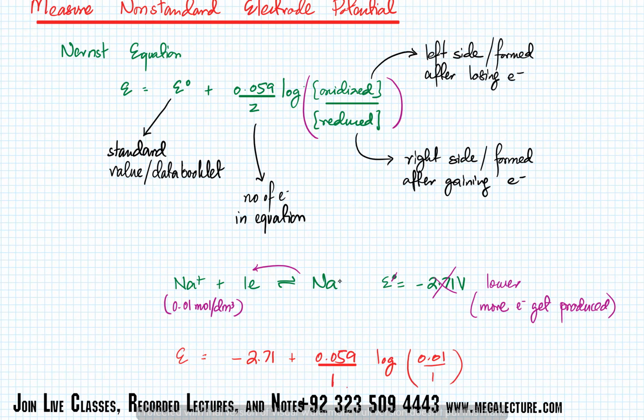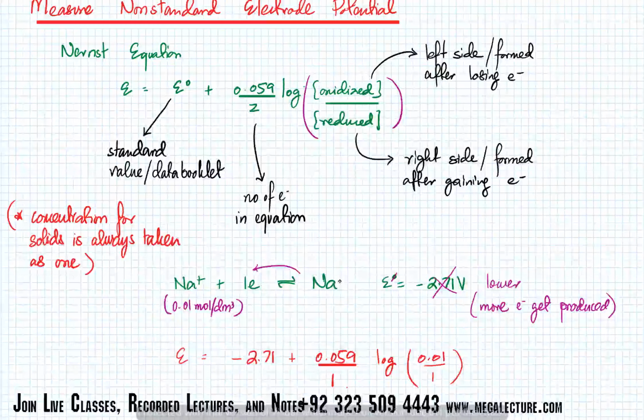So I'm just going to make a note over here that the concentration of a solid is always taken as 1. So all we have to do is just calculate this.